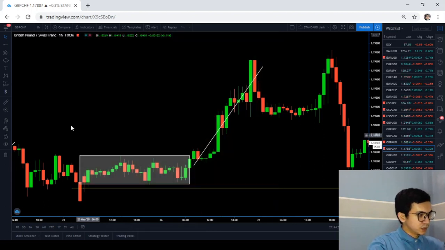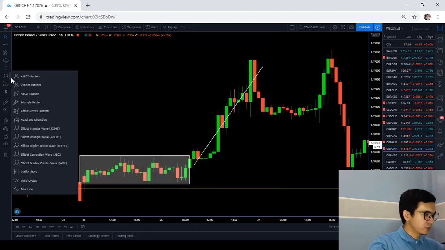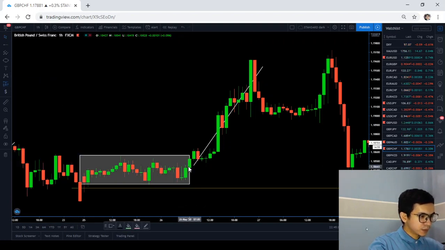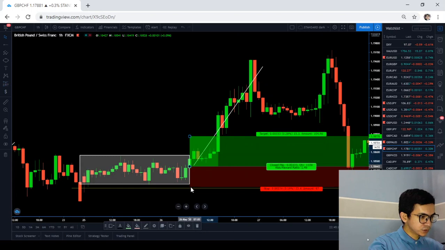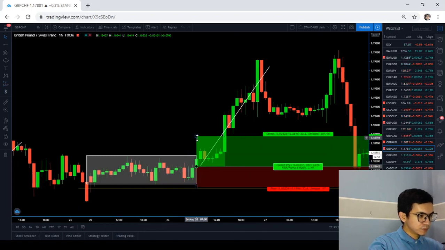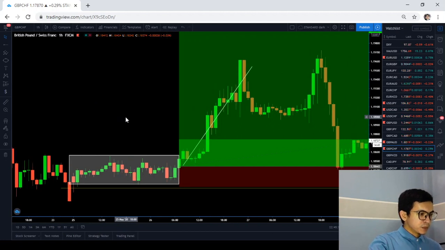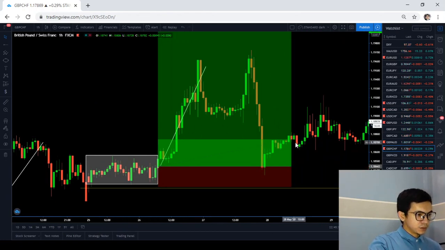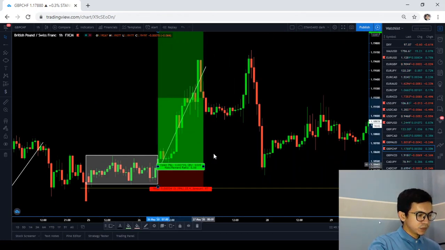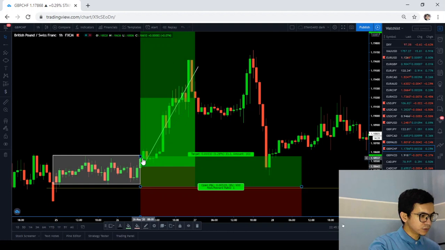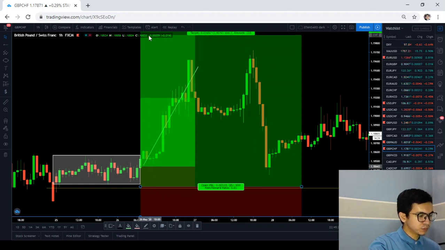Ulitin ko ha. Imbes na ganito ang setup ko, if I will wait for confirmation, diba? To stop loss. Again, higher time frame TP. Why not? Sabi ko, why not? As a trick, stop loss. So, why not put my pending order here and put my what?